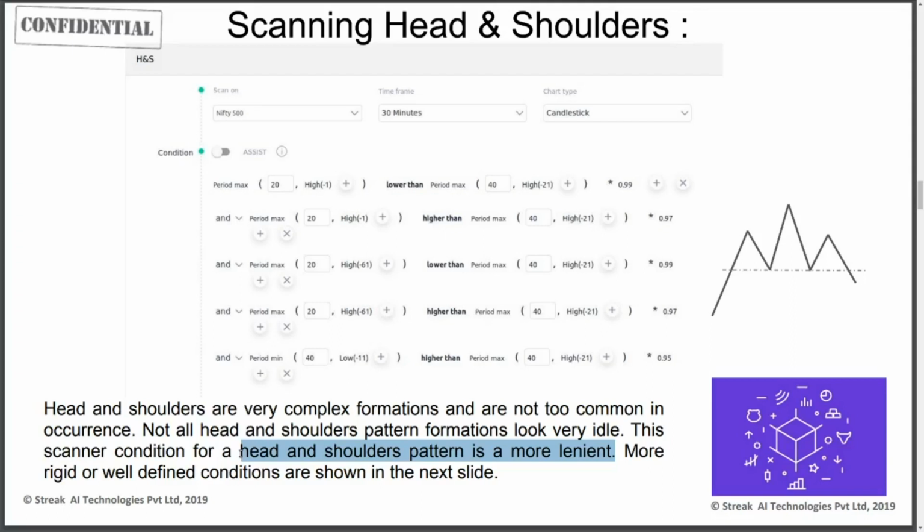In the next slide we are also going to cover a more rigid and more strict version of head and shoulders, but let's cover both. Feel free to pause wherever you need and feel free to ask questions as well.